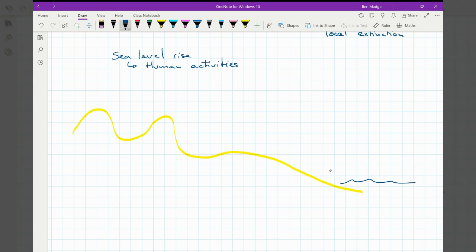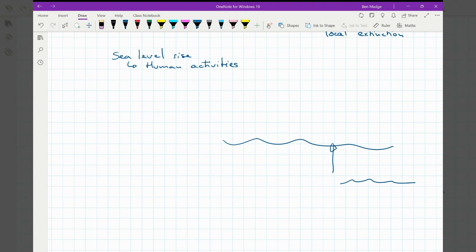Now, clearly, if sea level rose here, the sea comes up here, and all that happens is the dunes migrate inland. Okay, so any population that used to live in these conditions just shifts inland as the dunes migrate inland.